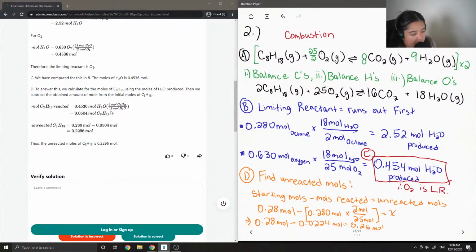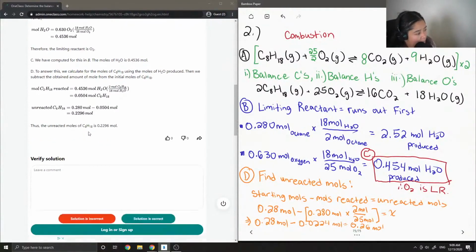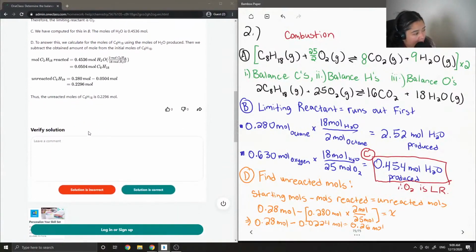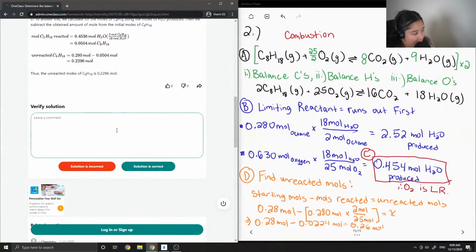So this is a different method of doing that. And they got 0.0504. And for their unreacted octane, they got around 0.2296. Yep, so that's another way of doing it. I'm just going to say this solution is correct.